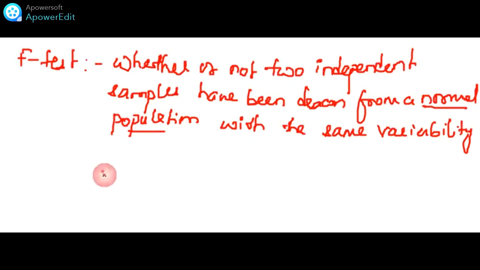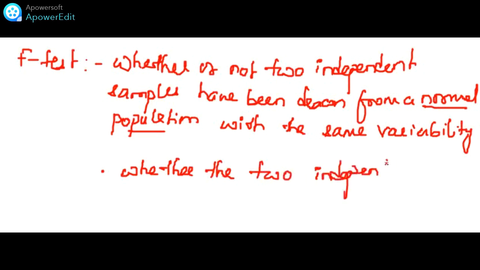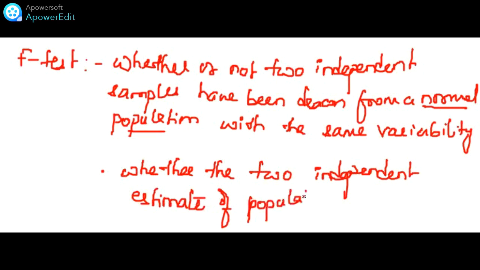Also, this F test is used by the researcher to determine whether the two independent estimates of the population variance are homogeneous in nature.